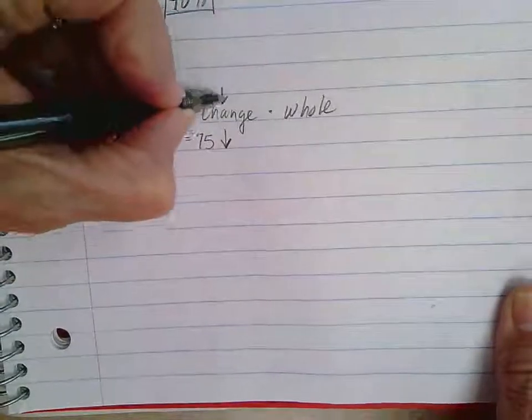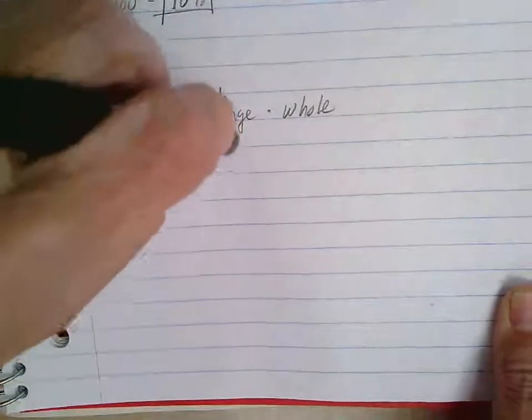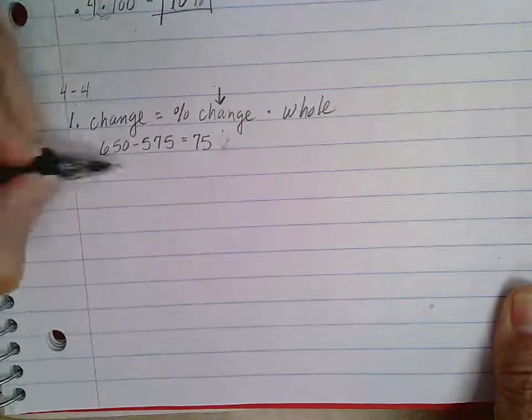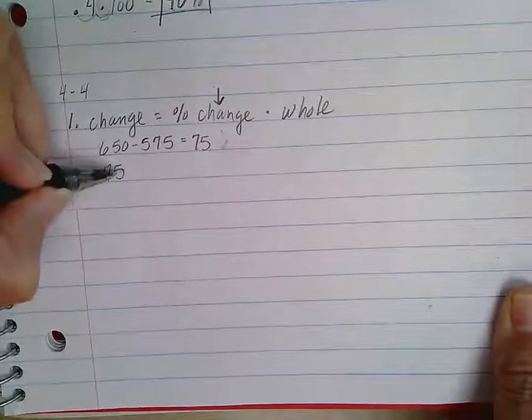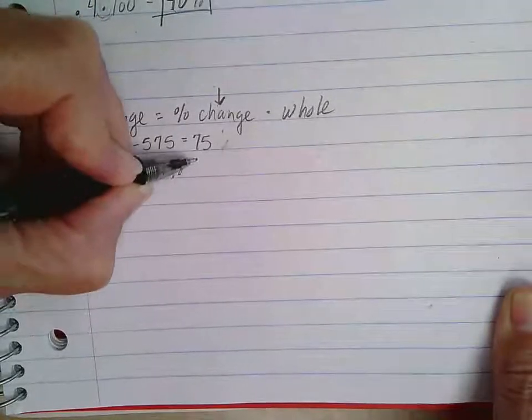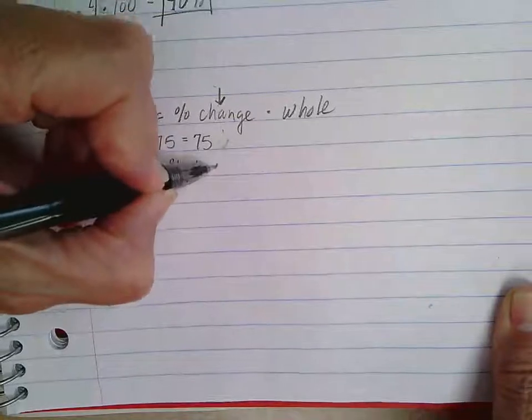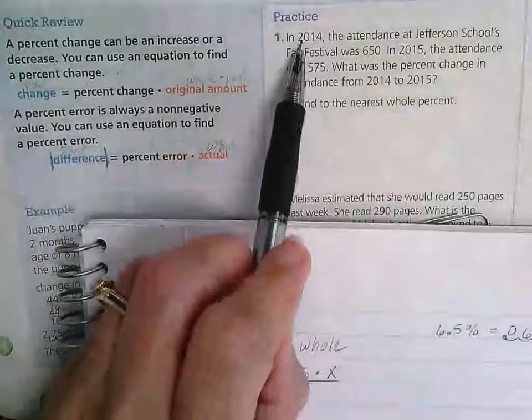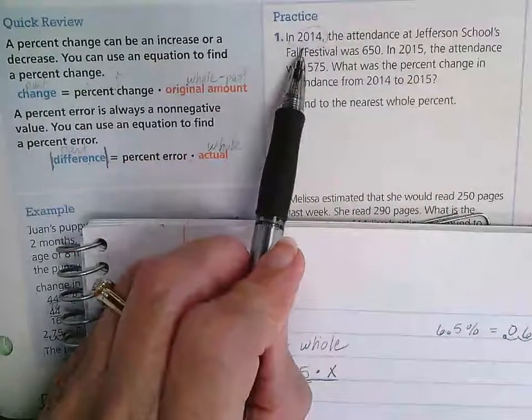When we get to the percent change, we're going to take that 75, that's our part, is equal to the percent decrease times whatever the whole was to begin with. And remember, that was in the past in 2014, and it was 650.